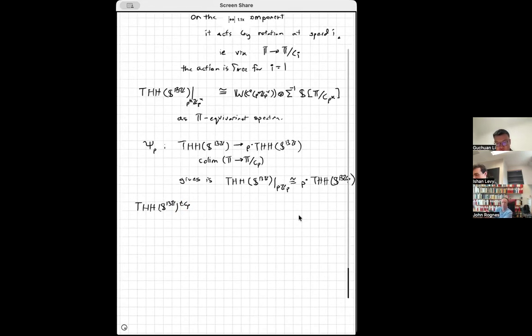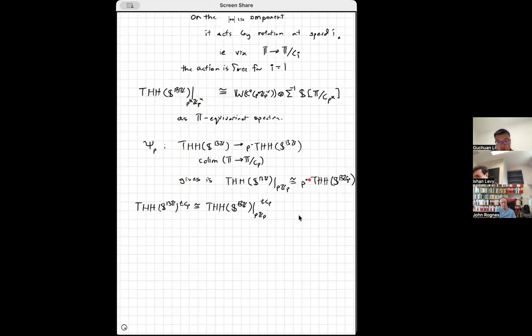What we saw was that on Z_p cross, the action of the circle was free, and so in particular the action of the cyclic group of order p is also free. So this Tate construction is actually the same as what you would have gotten by restricting to pZ_p and then taking the Tate construction, because the Z_p cross part is all free action, and so it cannot contribute to the Tate construction.